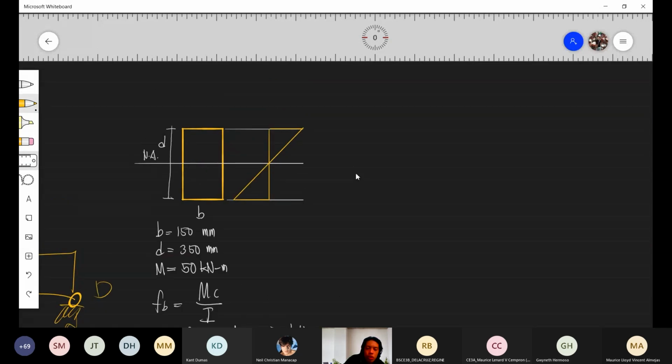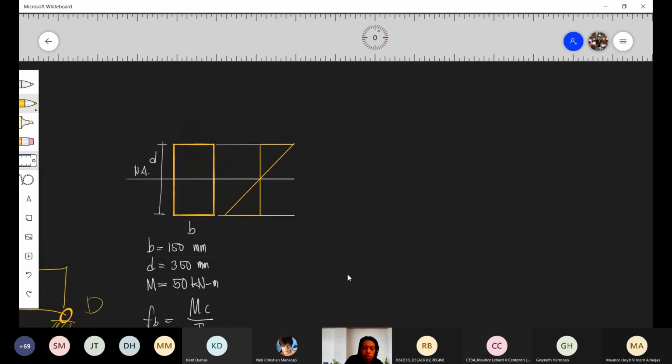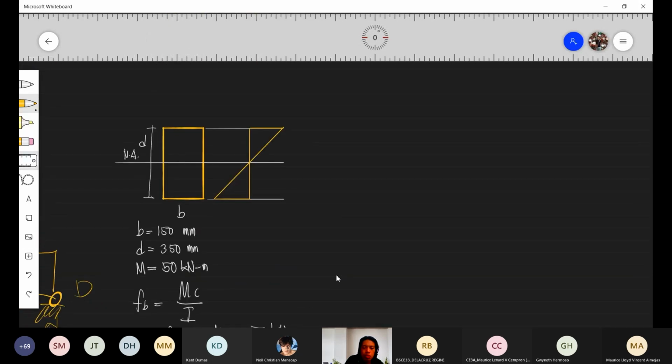Okay. So this is in megapascal. The value is 16.32563 megapascal. Compression.